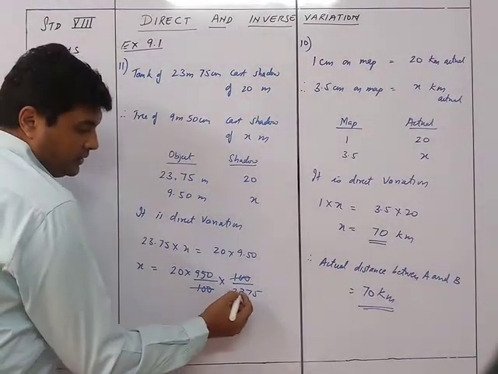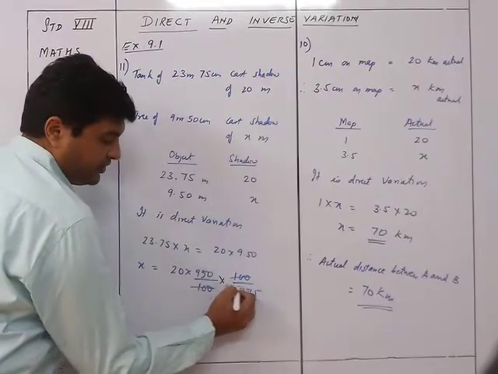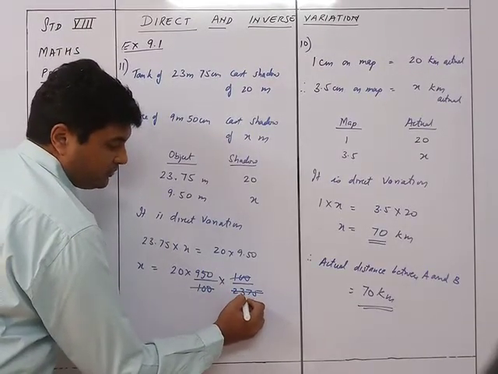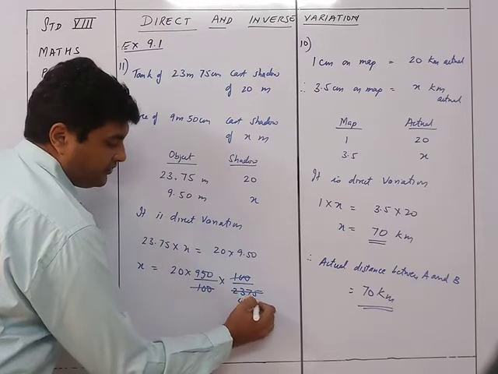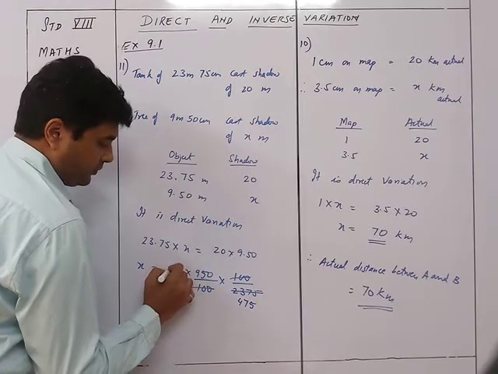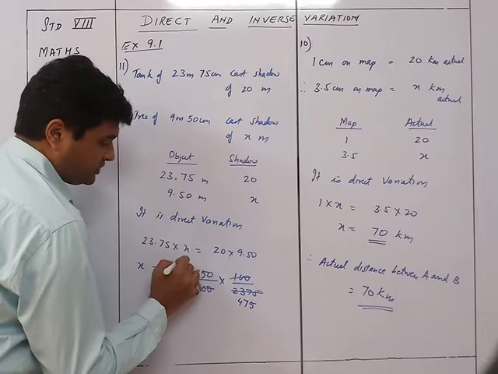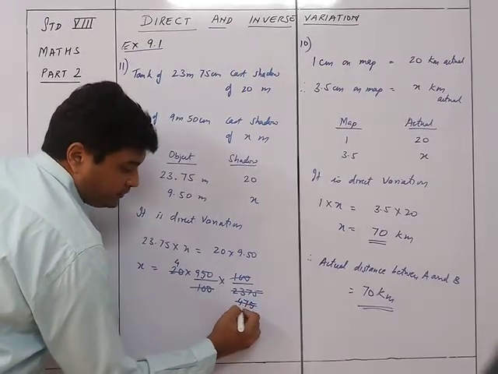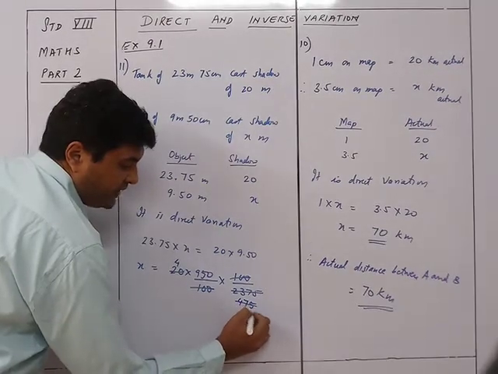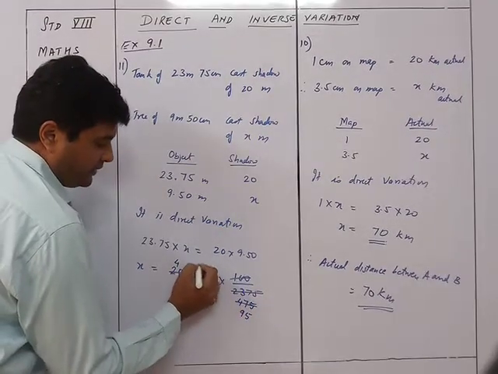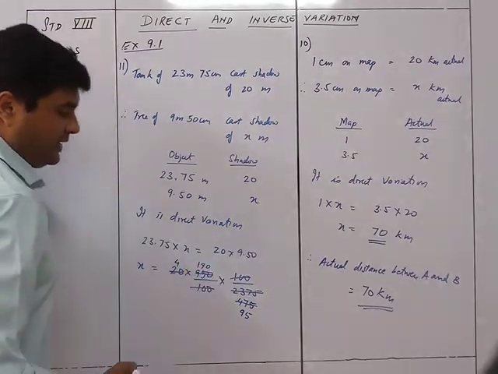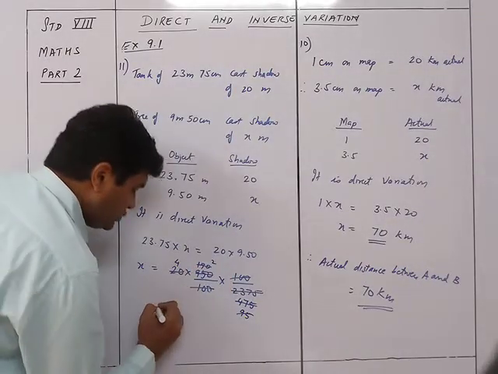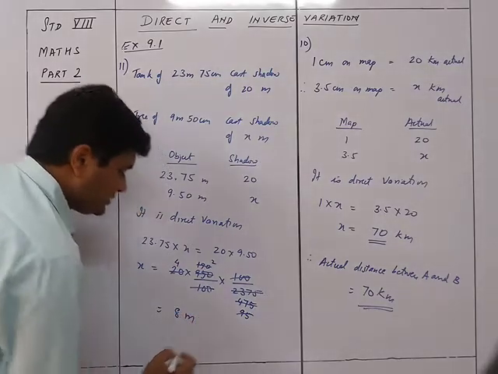Now this I can divide by 5: 5 4s are 20, 5 7s are 35, and 5 4s are 20. This again can be divided by 5: 5 9s are 45, 5 19s are 95, and this is twice, so this will be equal to 8 meters.